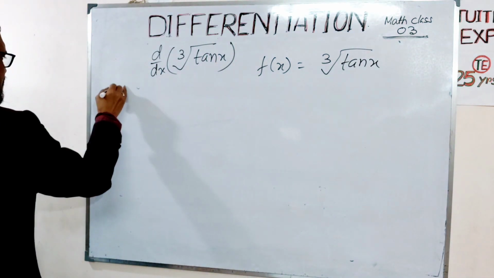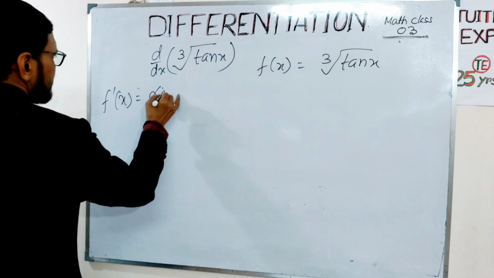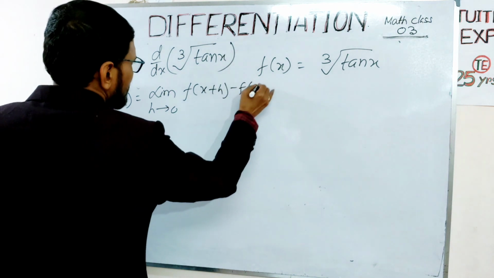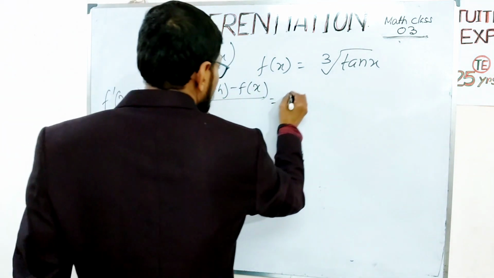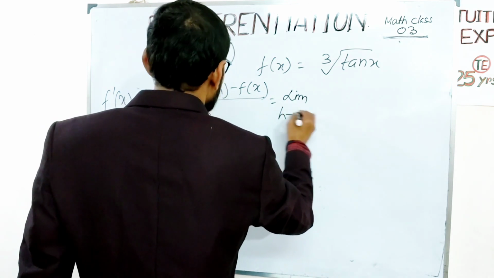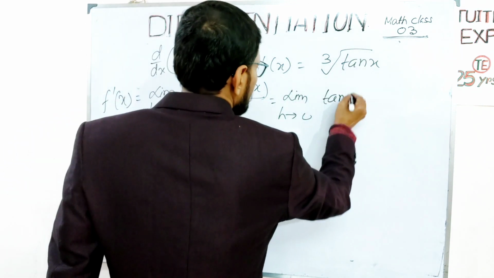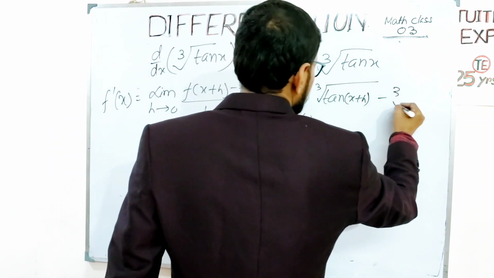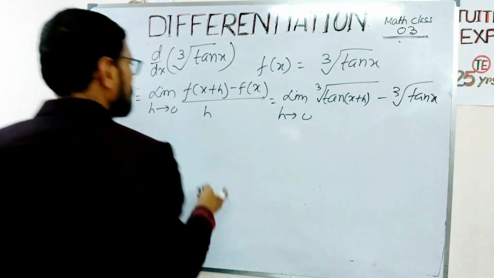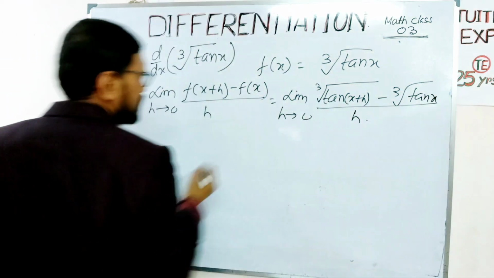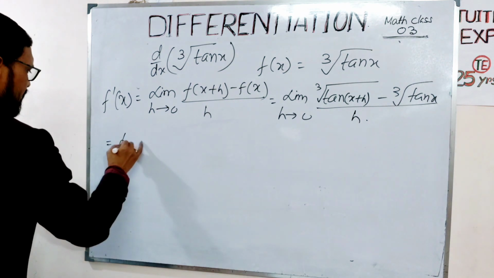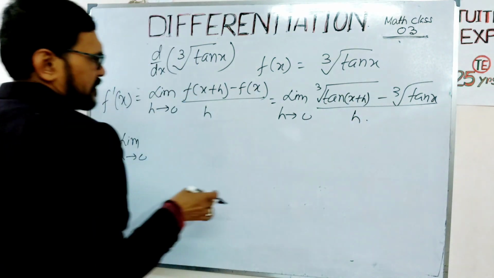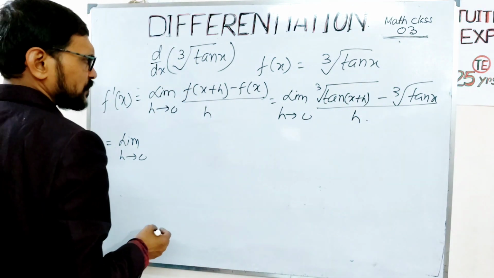Now f dash x equal to limit h tends to 0 of [f(x plus h) minus f(x)] by h, which becomes limit h tends to 0 of [tan of (x plus h) whole to the cube root, minus cube root of tan x] by h, because f(x) equal to cube root of tan x. Okay, now limit h tends to 0.